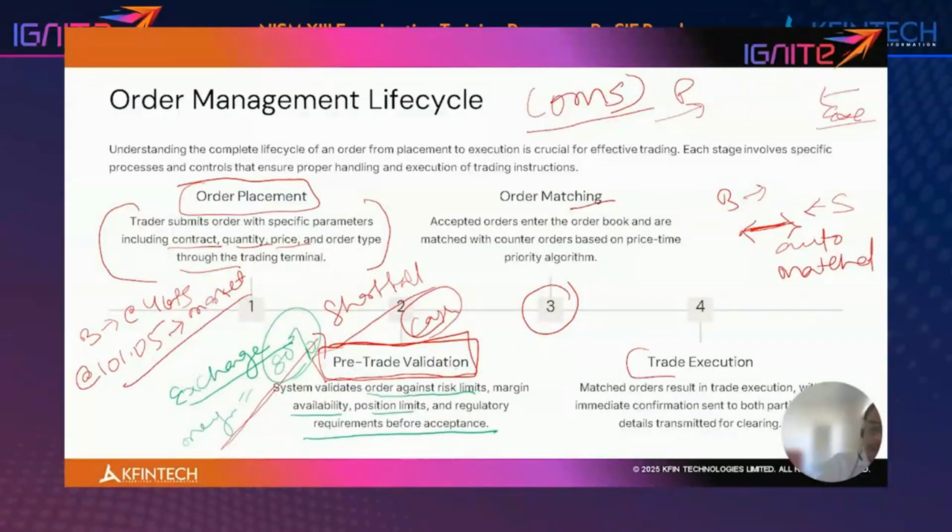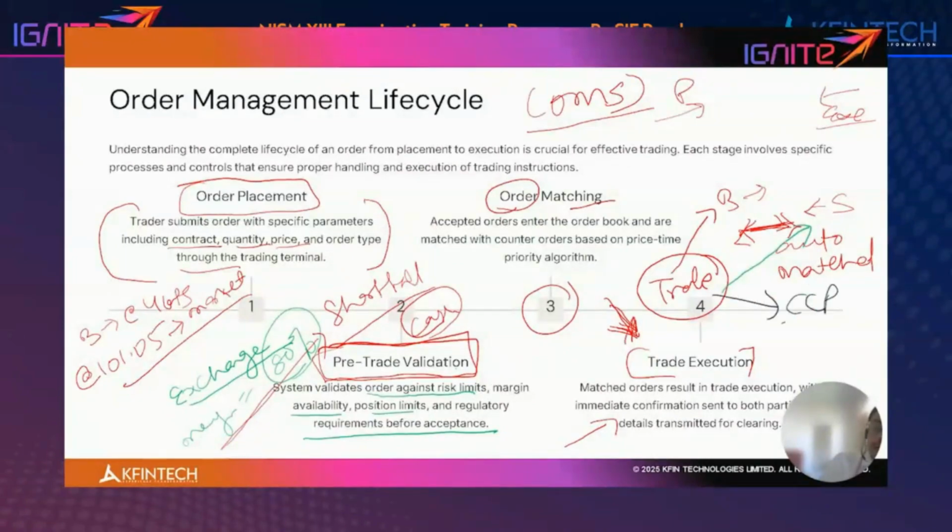And finally is the trade execution. Trade execution means these orders, when they get matched, they actually get executed. Once it's executed, the order becomes a trade, because till now it is not a trade, it's just an order. But once it's executed, it becomes a trade. Now this trade information, as to what is the actual purchase price, goes back to the buyer, the seller, and the CCP, the central clearing party.